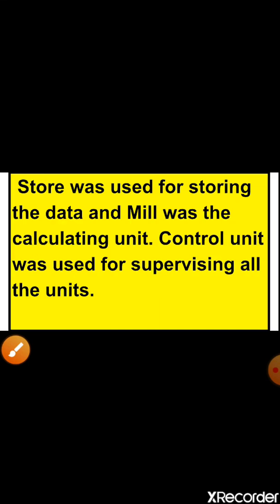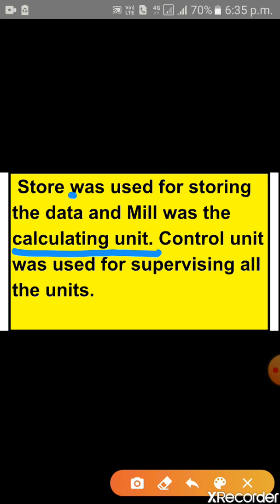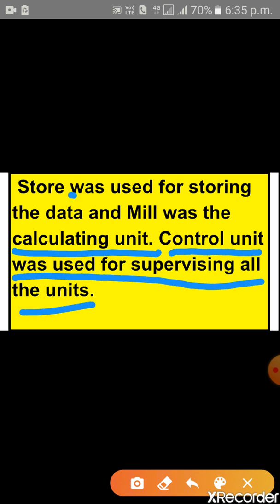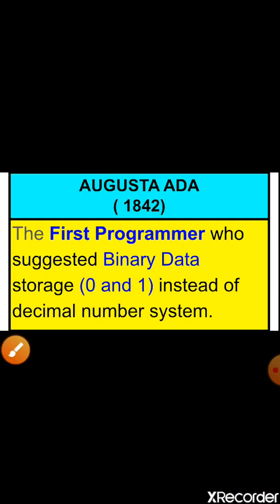Store was used for storing the data and mill was the calculating unit. Control unit was used for supervising all the units. Next is Augusta Ada. Children, Augusta Ada is the first programmer.